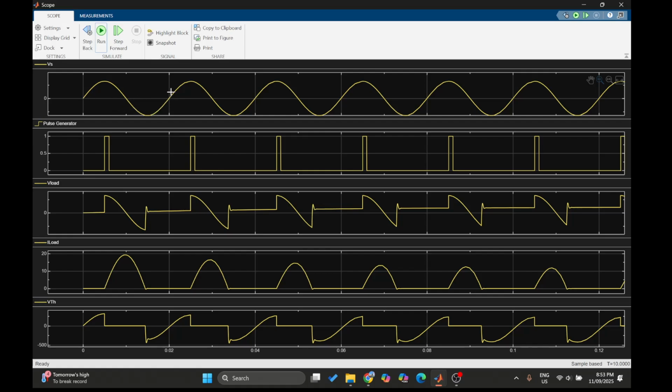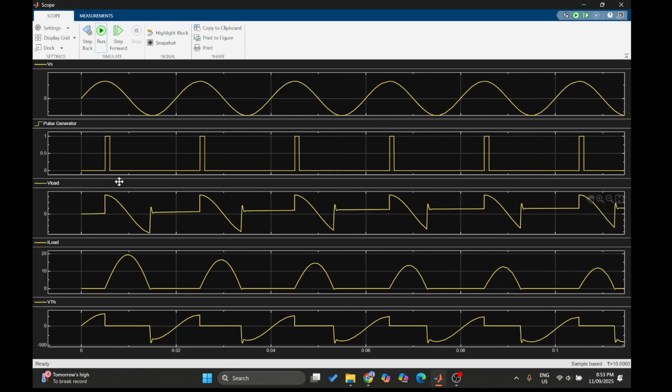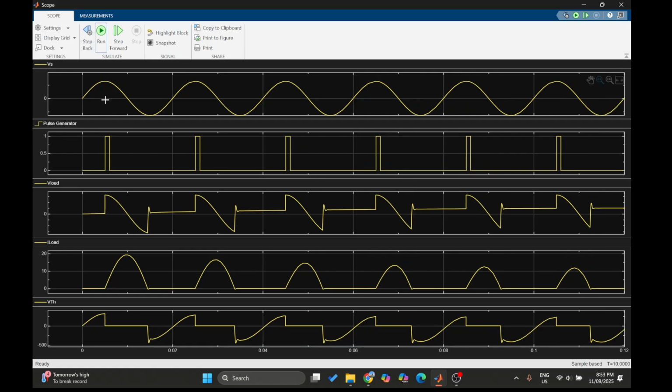When we reach here it is 2 pi or 360, and when we convert into time it is 0.02. Here it's pi, and when we reach here it's 90 degree, or pi divided by 2, and the time is 0.005.